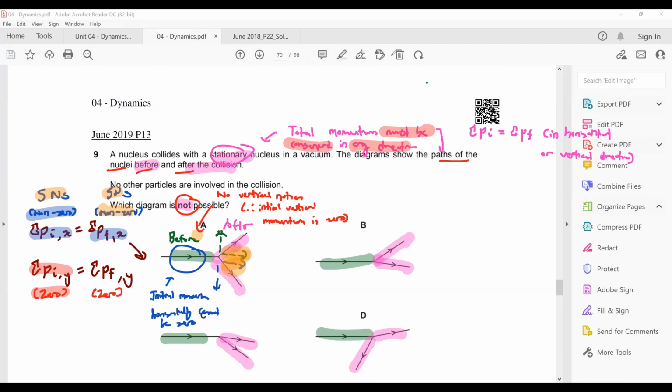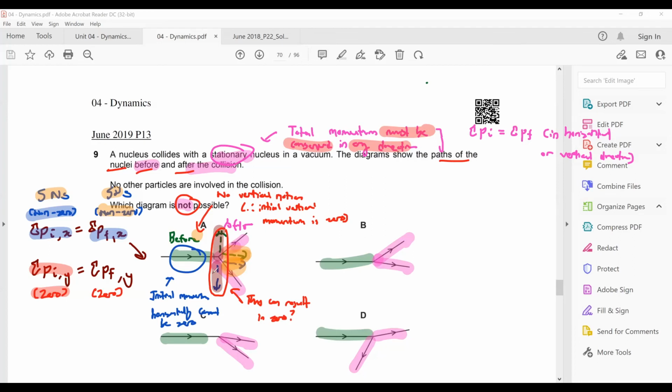Okay, so now if that's the case, you look at the situation for part A. I see that there's one momentum here and there's one momentum in the opposite direction here, right? So it's possible that this can result in zero, isn't it?